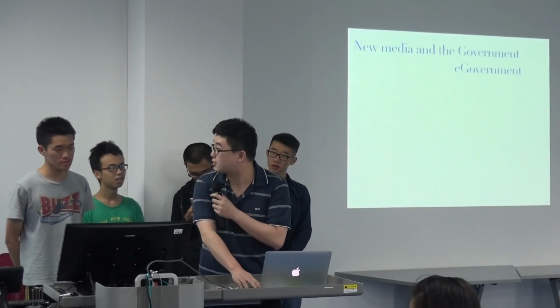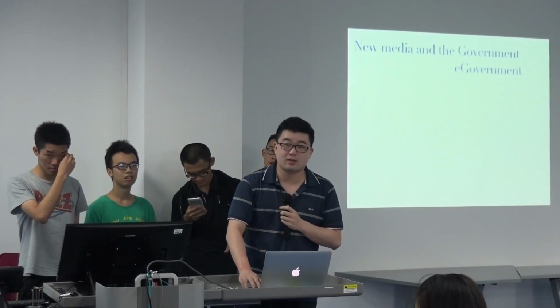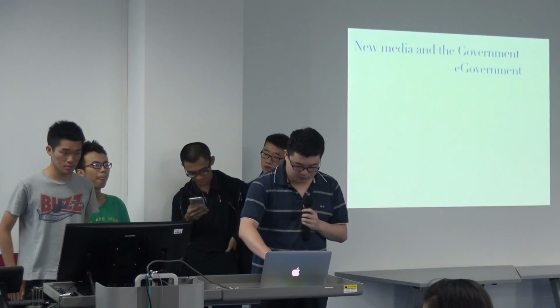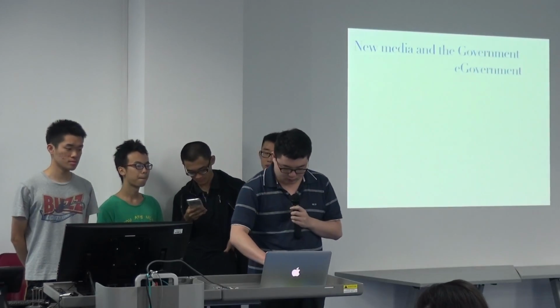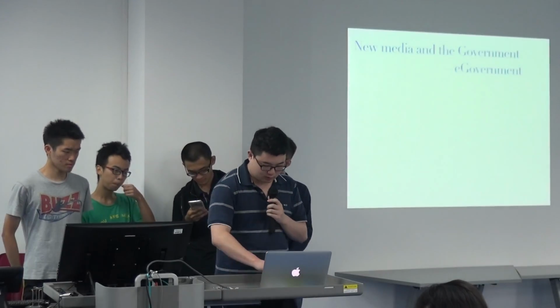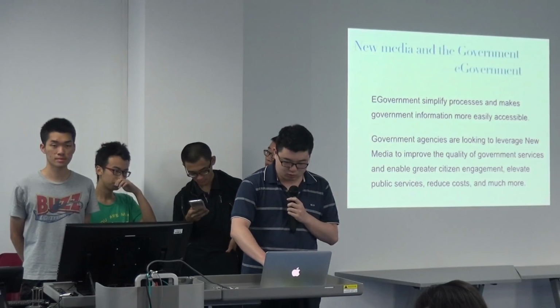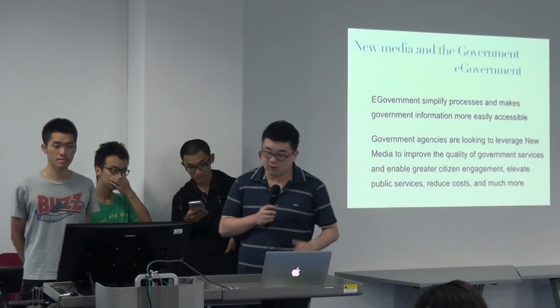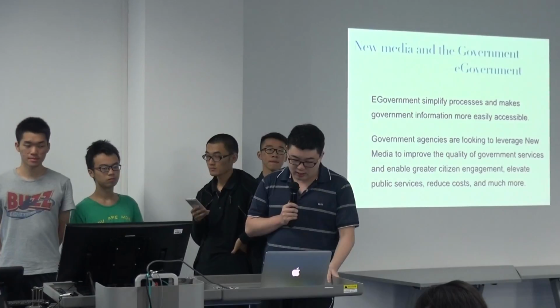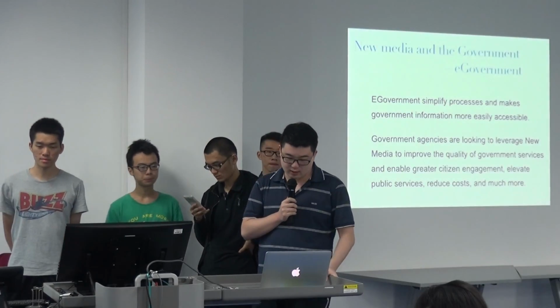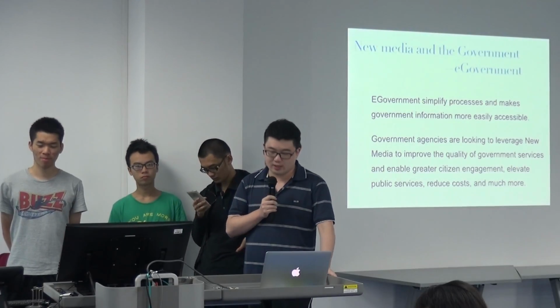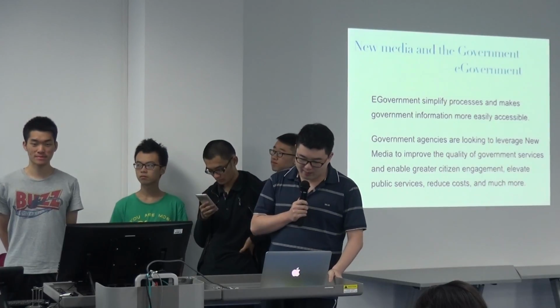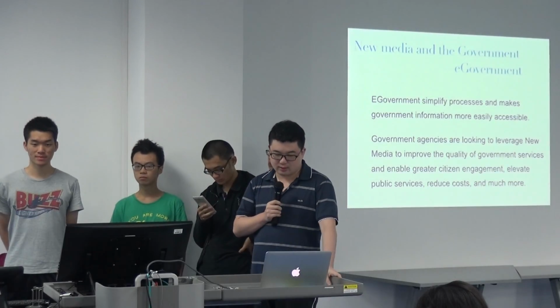The last part is about the new media and the government. There are two ways of saying that. The first is that e-government helps simplify the process and makes government information more easily accessible for public sector agencies and citizens.